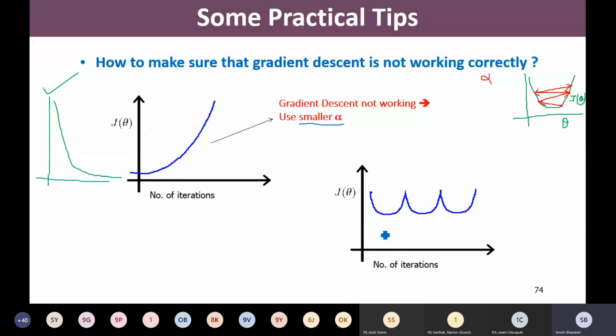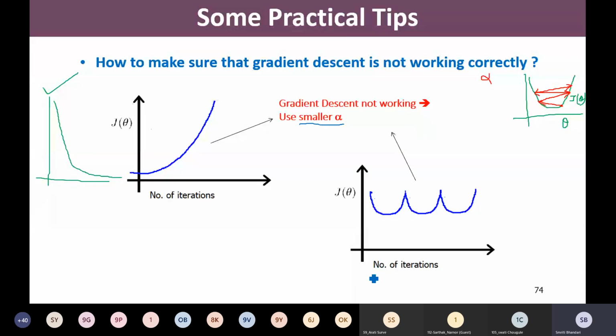Sometimes we may observe such a nature of my J of theta: it is decreasing and then once again increasing, decreasing and increasing, with respect to the number of iterations. Once again, if I have such behavior, I need to try my gradient descent with some smaller value of learning rate alpha.